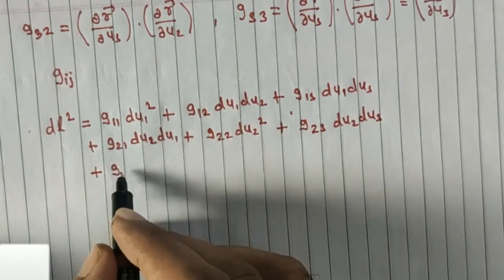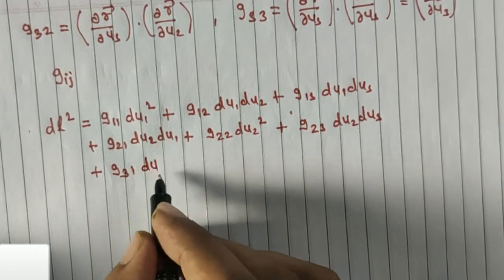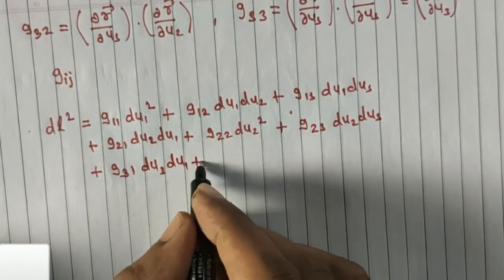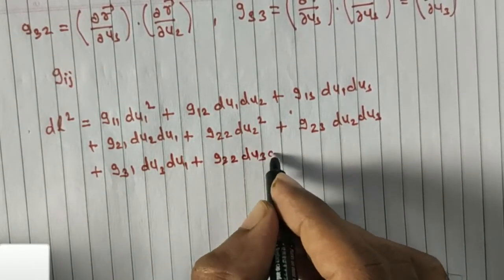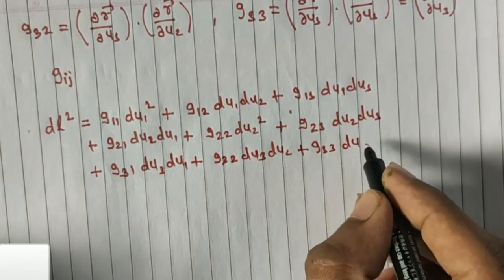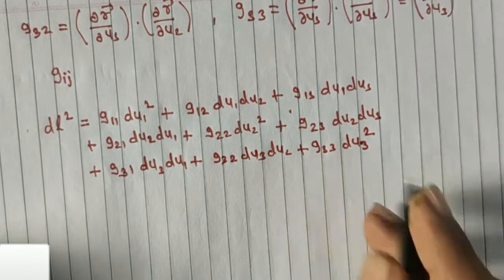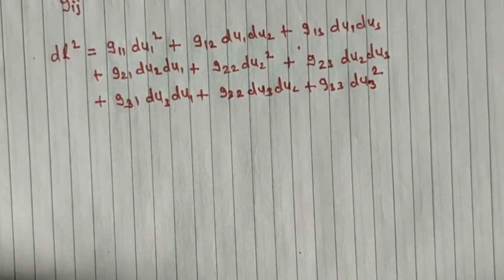Now value of the i will be, I am writing gij, so here is a 1, here is a 2, here it will be 3, then j will be 1 dui, so i is 3, duj is 1, g32 du3 du2, g33 du3 square, because there are two 3s, so it will become square. So this is the expression for length element.